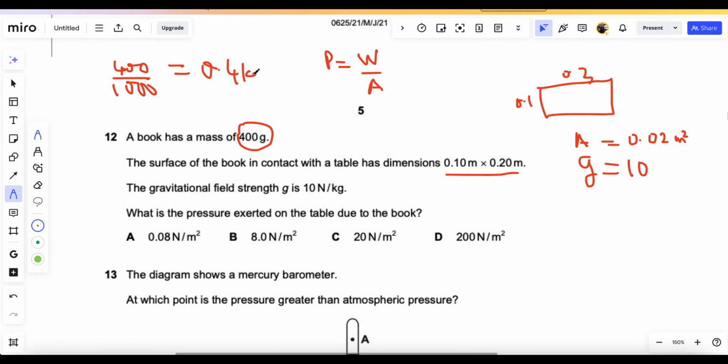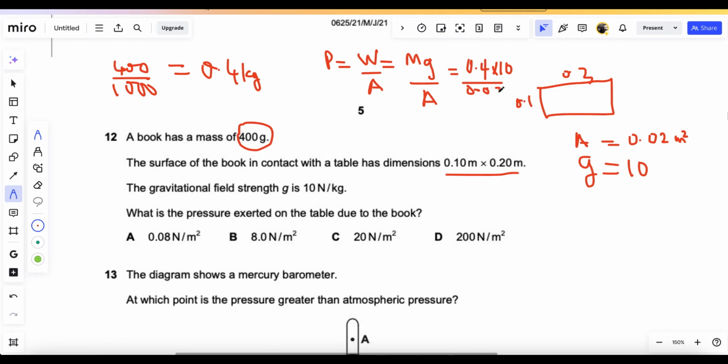Remember, to calculate weight, weight is mass times gravity, mg. Weight is mg over the area in order to get pressure. So this becomes 0.4 times 10. 0.4 kg times 10 would be 4, all divided by the area, which is 0.02.